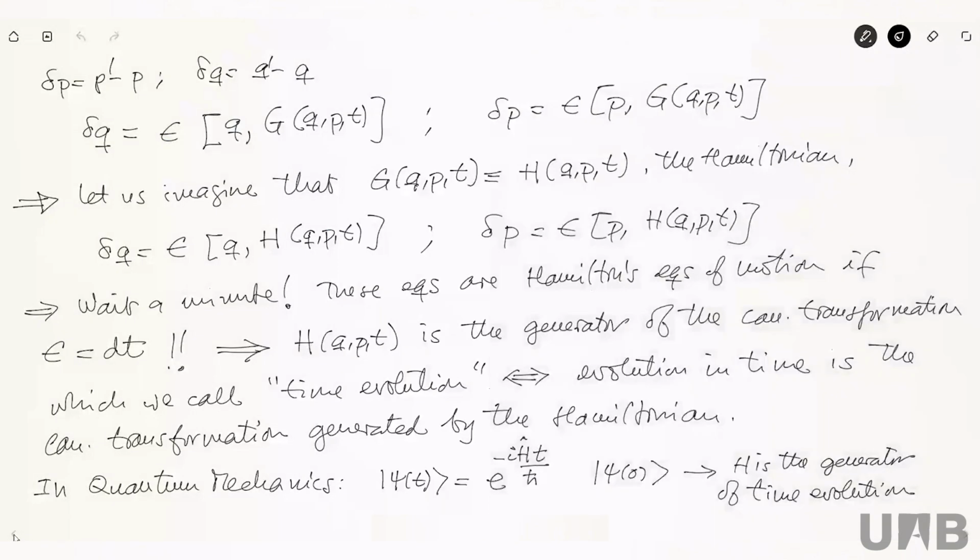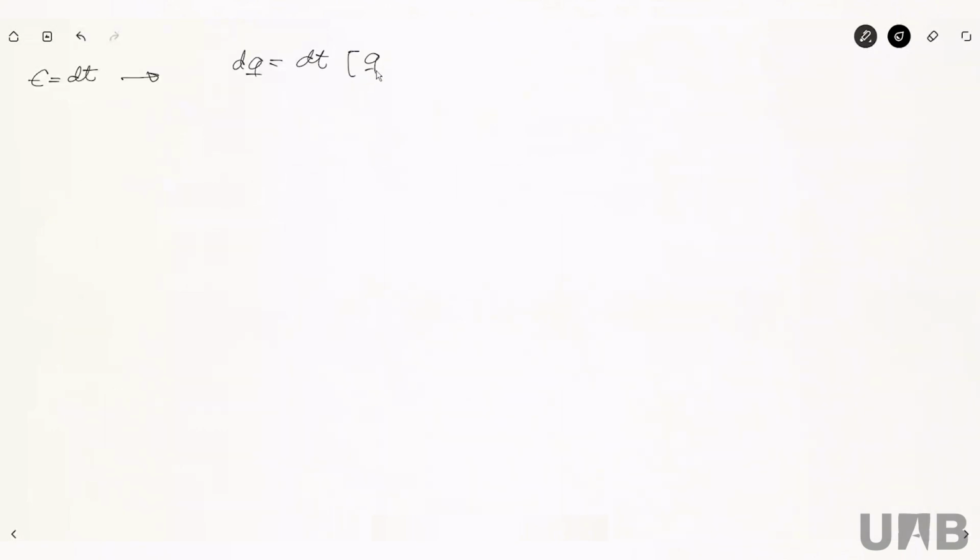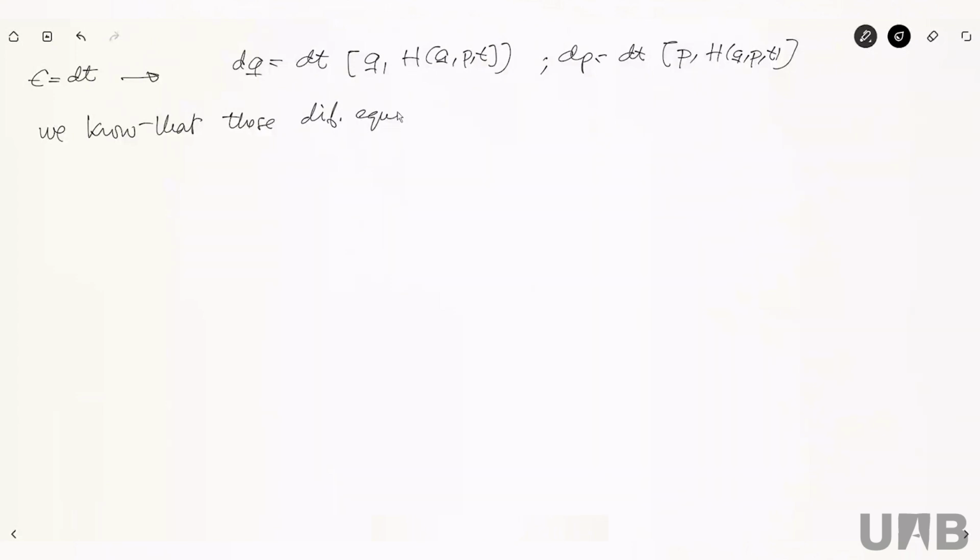Then the previous equations are going to be dq equals dt with Q with H of Q, P, and T, and also dP equals dt with P with H of Q, P, and T. And we know that these differential equations can be integrated into a finite time evolution, so we can integrate for a finite time.